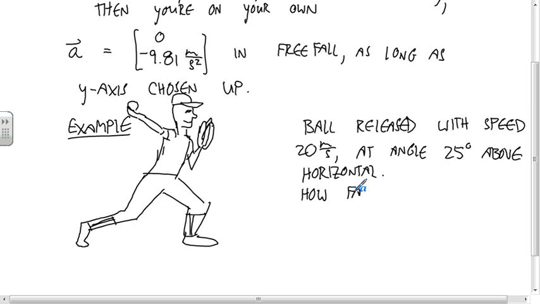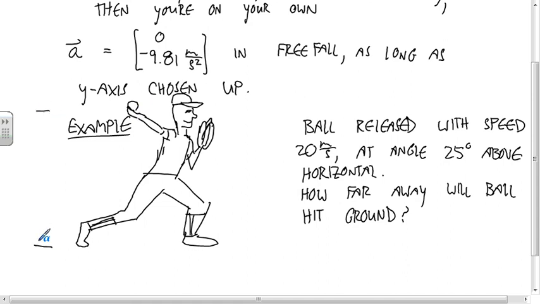How far away will the ball hit the ground? To solve this, you need to know one more thing. You need to know how high the ball is at the instant it's released. So let's say that's 1.5 meters.